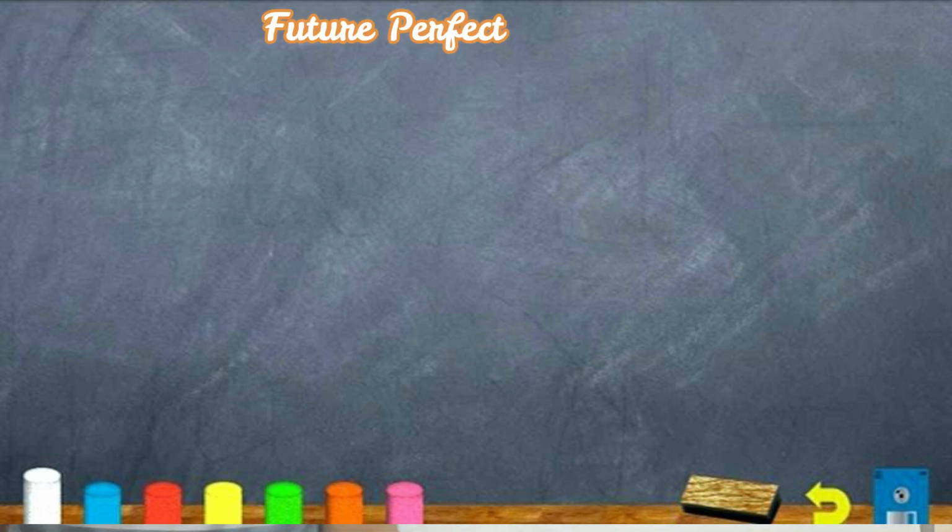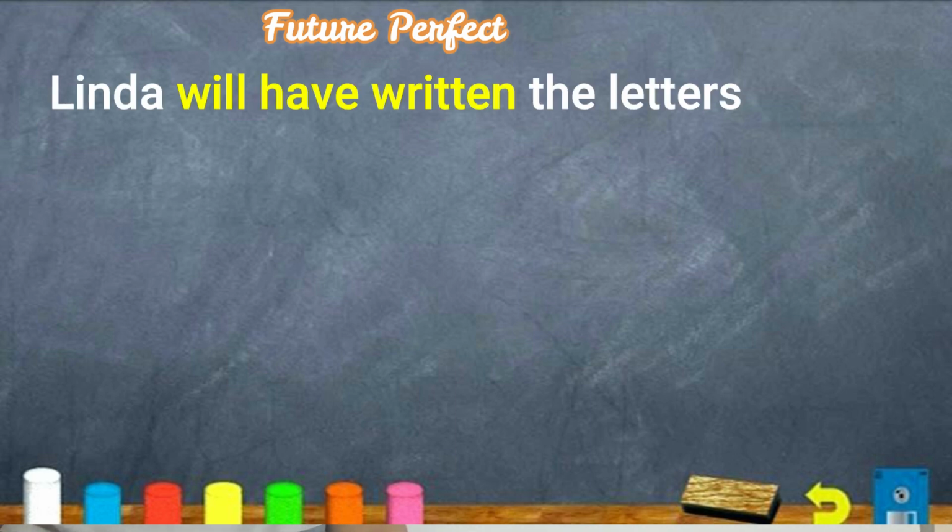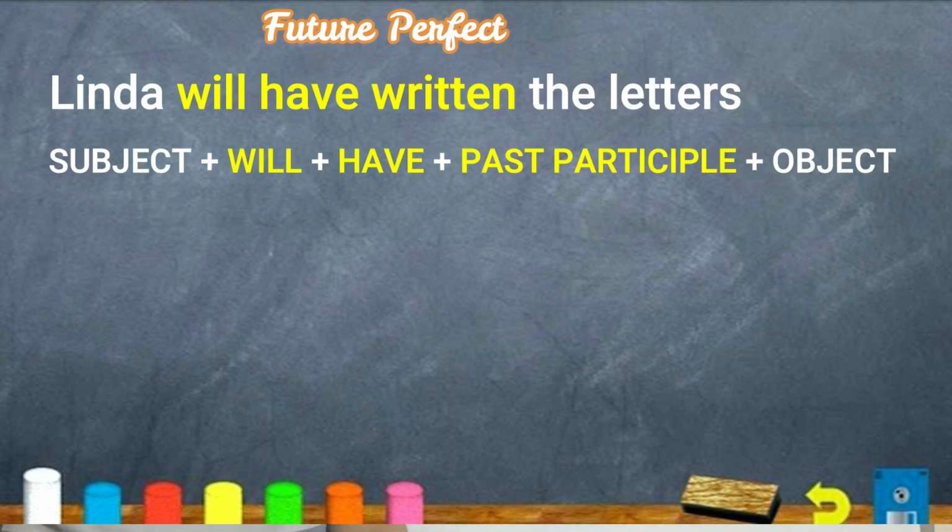Now let's move to the third sentence, which is about the future perfect. Linda will have written the letters. So here Linda is the subject. Will have written is the future perfect tense, which consists of will plus have plus past participle.